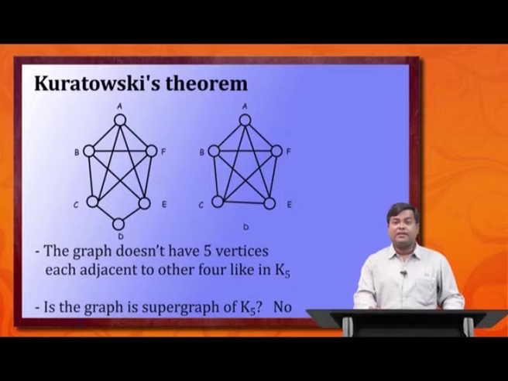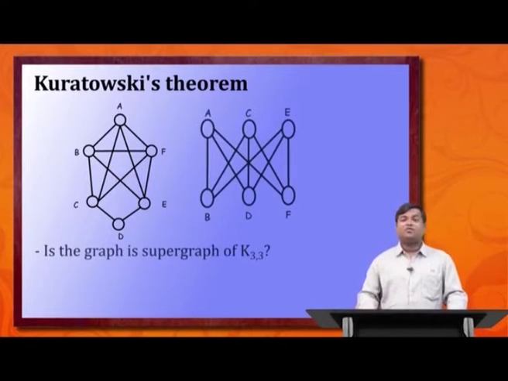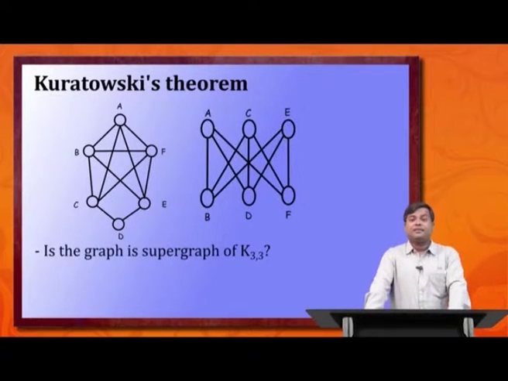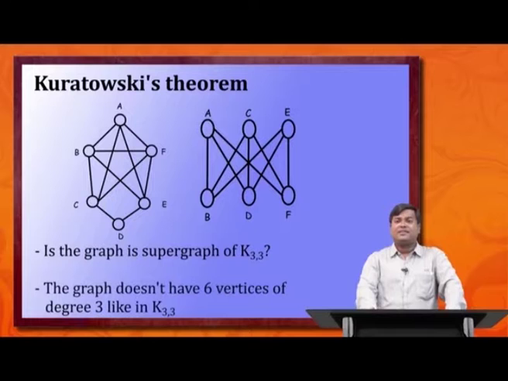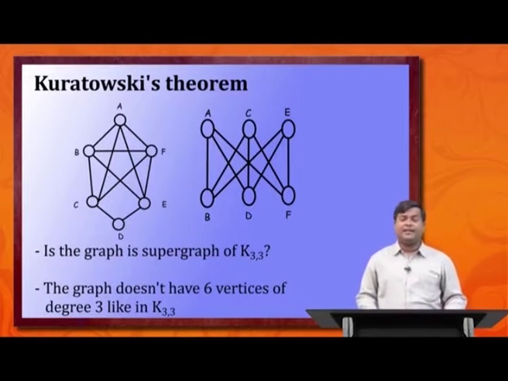Now we need to check whether this graph is a supergraph of K33. Now let's see the diagram of K33. What we are seeing here is K33 has 6 vertices and every vertex has degree 3. In our original graph we also have 6 vertices, but the problem is the vertex D has only 2 edges incident on it. So D has degree 2.